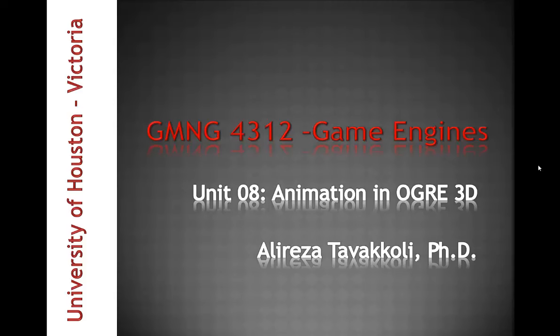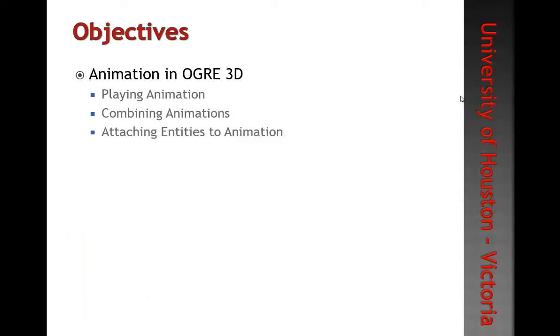And we moved the Sinbad mesh around, but the Sinbad was in T-pose, and it was just going statically. It was dynamic, but it didn't have any animation associated with it.